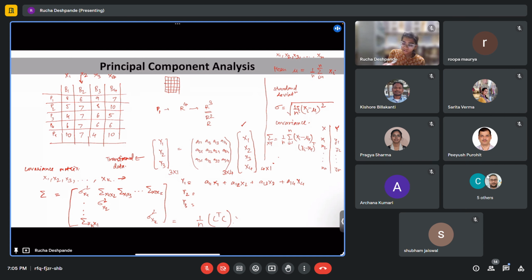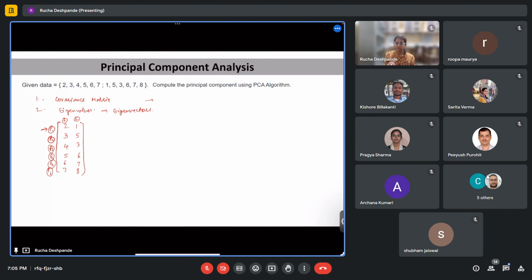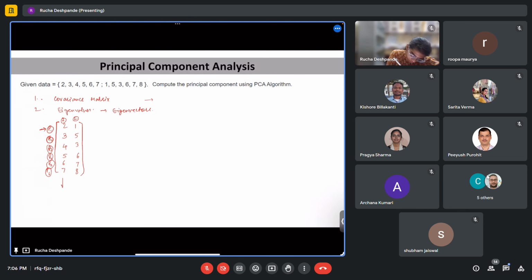We can use this formula to calculate the covariance matrix. So first we have to calculate the mean of each band.